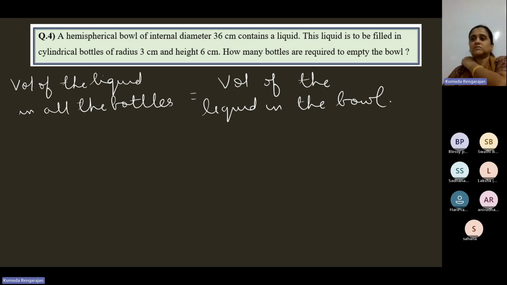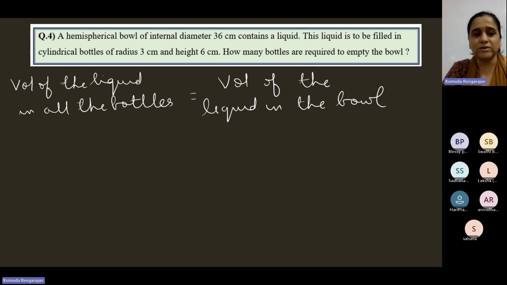You must frame the equation in words. Only if you can do this, you can then replace this equation with the formula, substitute the values and simplify. So it's actually very, very easy. You just have to understand the question to write this in words.